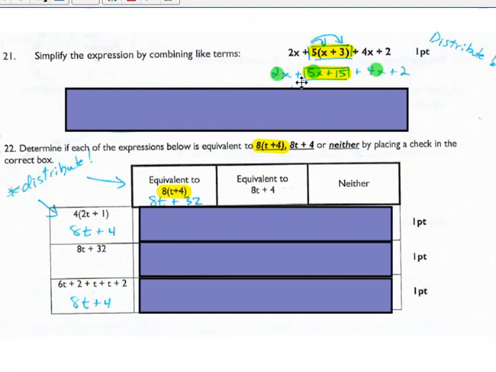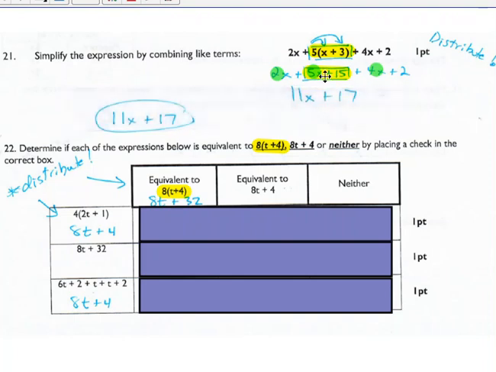Okay, I can combine 2x and 5x and 4x, and I get, that would be 11x. But then I can also combine this 15 and the 2, and that's where the 17 came from. This is essentially 11x plus 17. That would be an equivalent expression for it. Number 22, you had to figure out, again, if these were equivalent to this one, or neither.